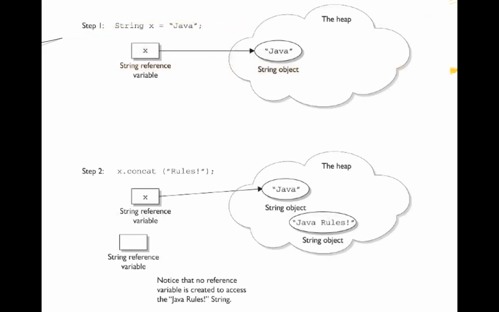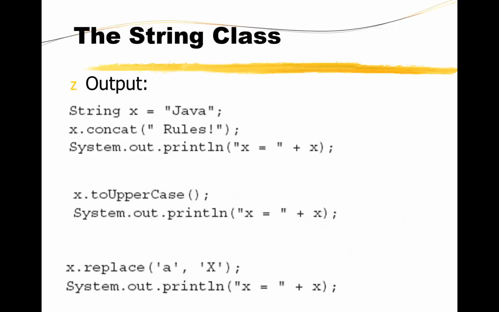So this is what actually happens when you say X equals Java: reference variable X refers to string object Java. When you say X dot concat rules, a new string object Java rules is created, but no reference is created to the Java rules object. Right.